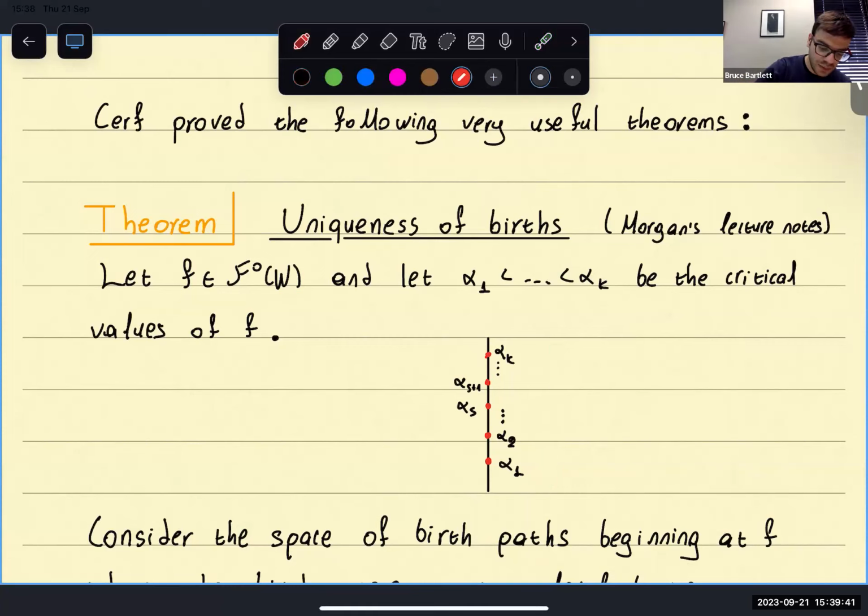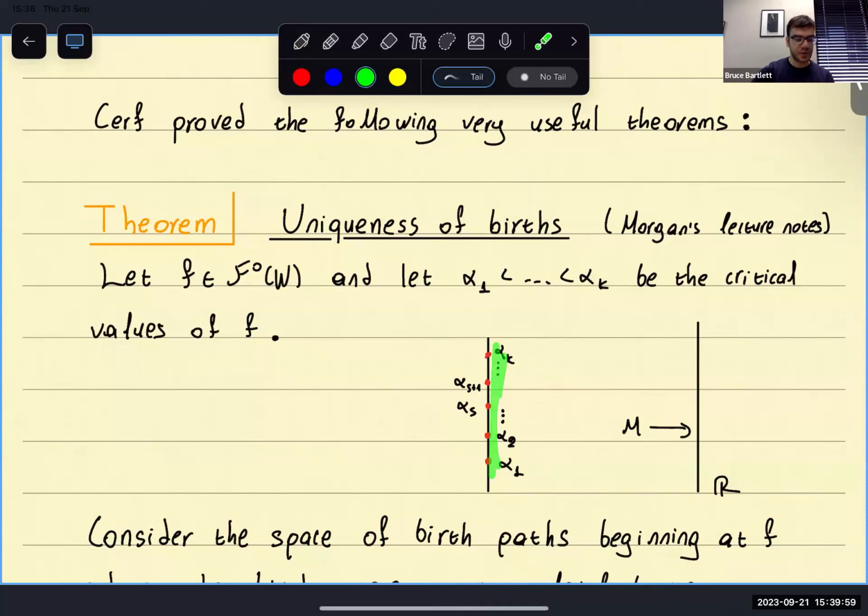Maybe you should call them Morse graphics. I'm just thinking of the real line as this perpendicular line, and I have a manifold N that maps into it, and I'm just recording the critical values here.